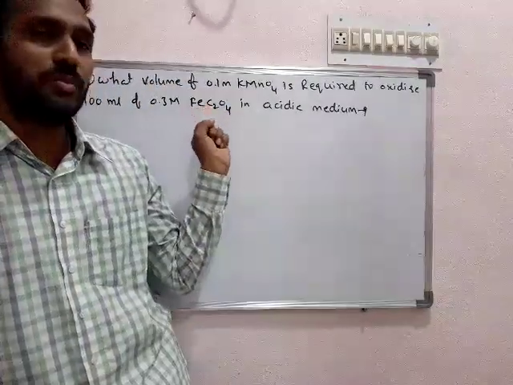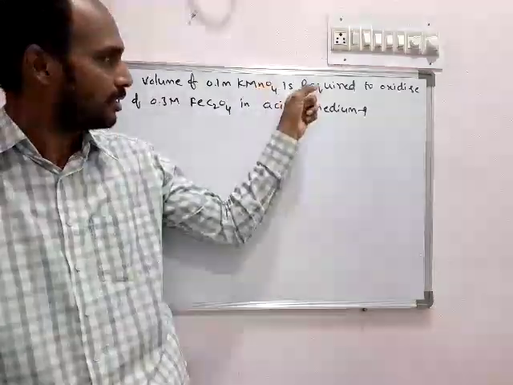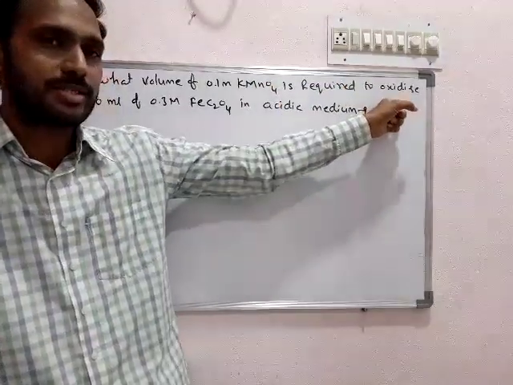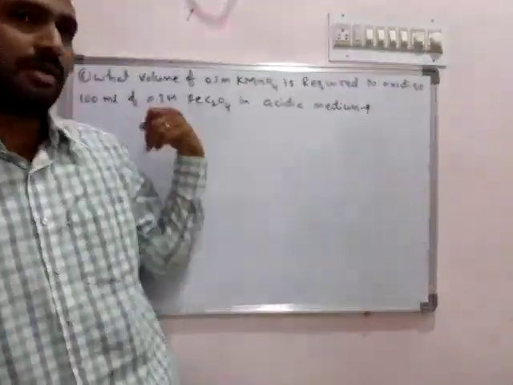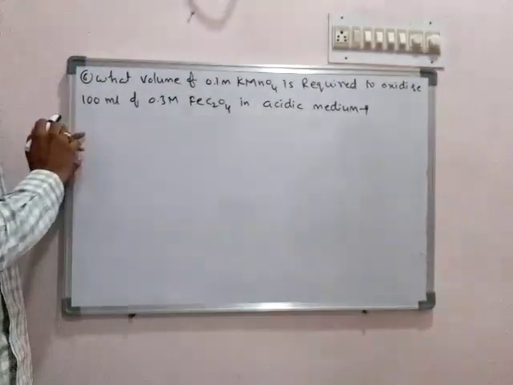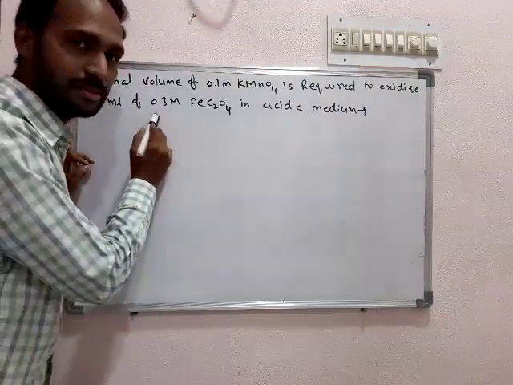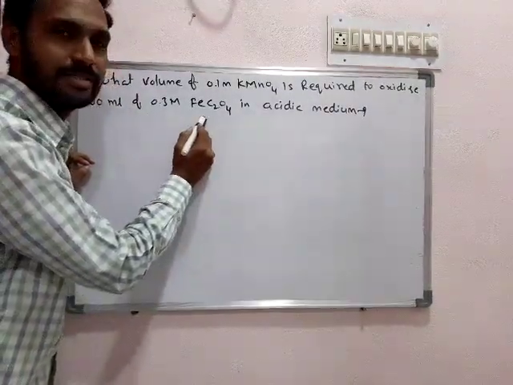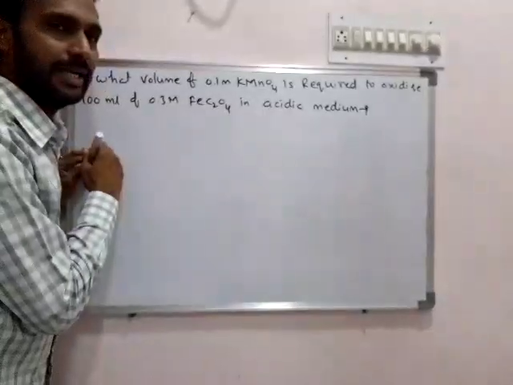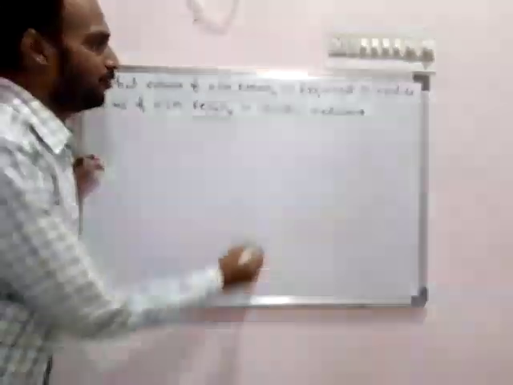So what volume of 0.1 M potassium permanganate is required to oxidize 100 milliliter of 0.3 M ferrous oxalate? Here it is important: ferrous oxalate in acidic medium.